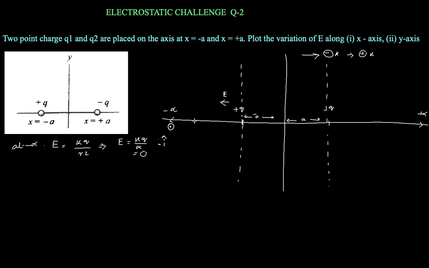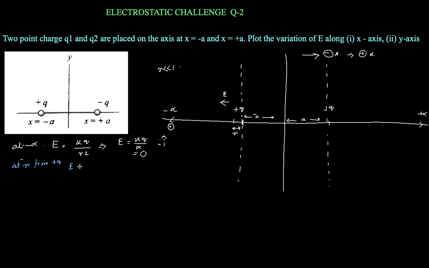Now we approach the plus q charge. Okay, so at plus q charge we consider that this is a very small distance r and r is very much less than 1. That means it approaches almost 0. So at r from plus q, on the negative side, you have to calculate the electric field.